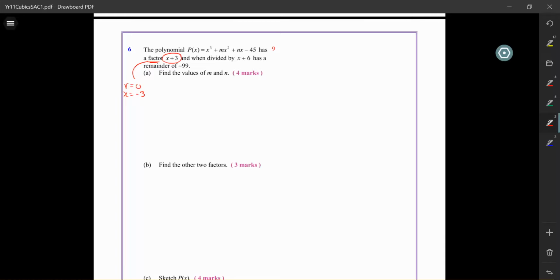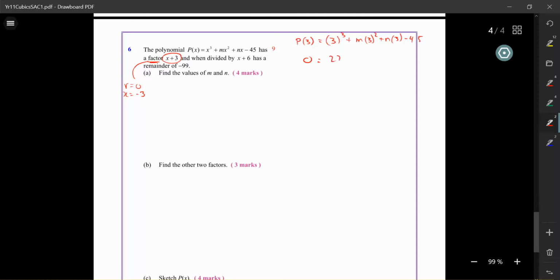So what it's really saying is, if I sub negative 3 into the equation, so it becomes 3 cubed plus m times 3 squared plus n times 3 minus 45, this whole thing has to equal 0 because it's a factor. So 3 cubed is 27 plus 9m plus 3n minus 45. You get an equation where what's 27 minus 45?